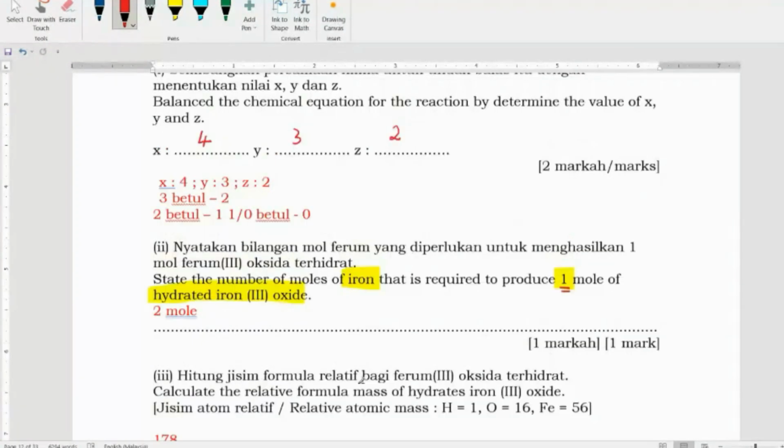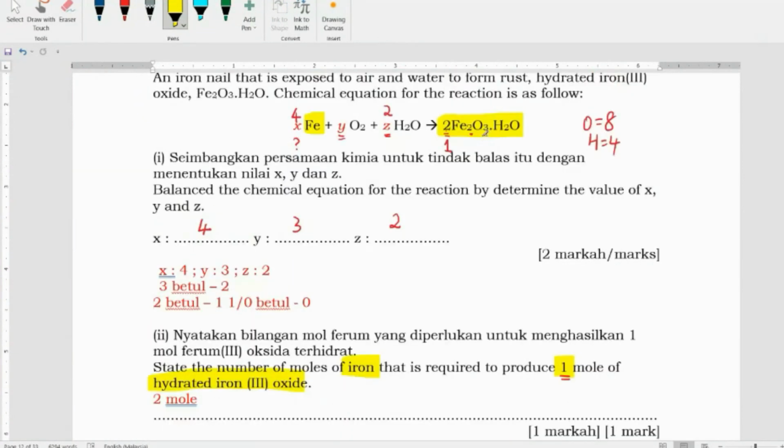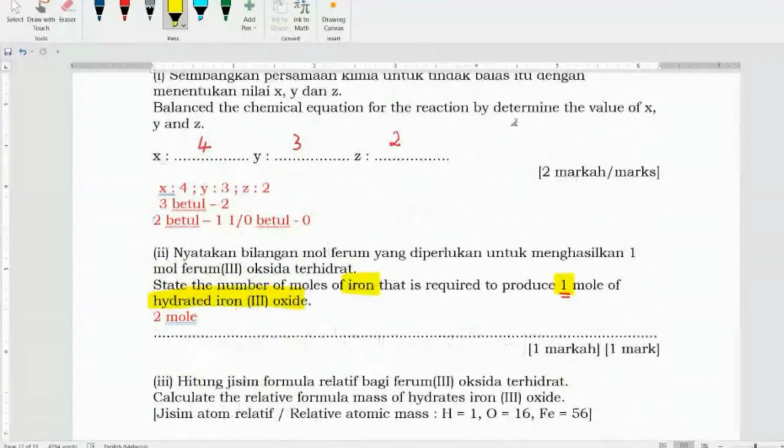Next, what is the relative formula mass for hydrated iron 3 oxide? So class, iron 3 oxide here is Fe2O3 dot H2O.